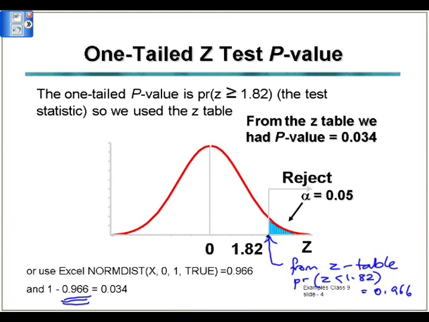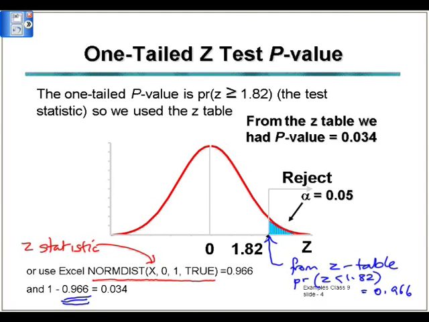So the p-value using a Z table or using Excel, and in Excel, the function that we'd be using is this norm dist function. And we can use norm dist with our Z statistic in the position of X, and with a mean of 0 and standard deviation of 1, that gives us the standard normal.